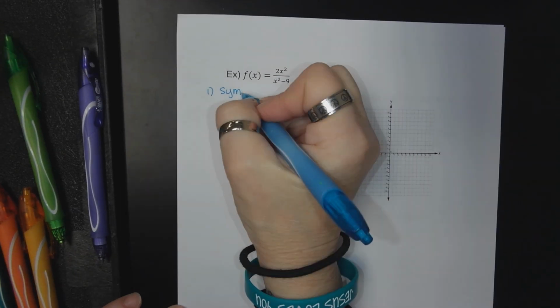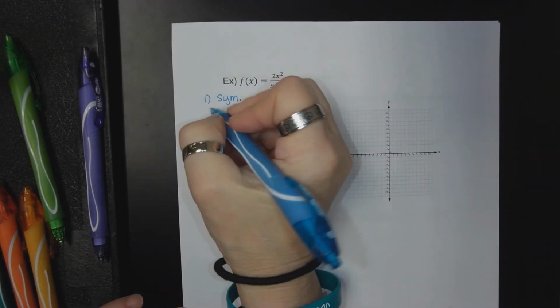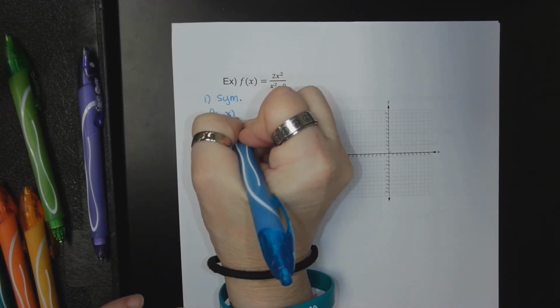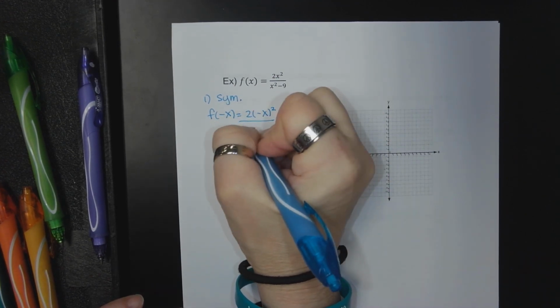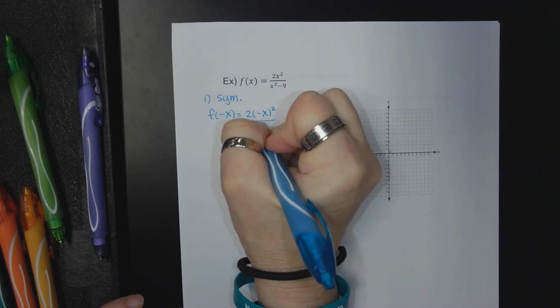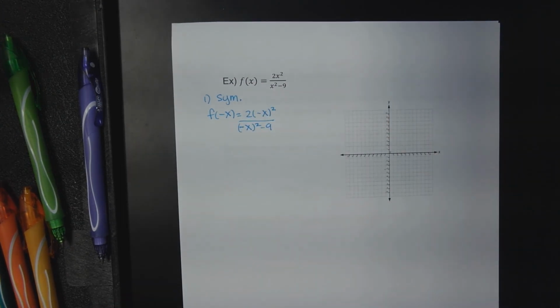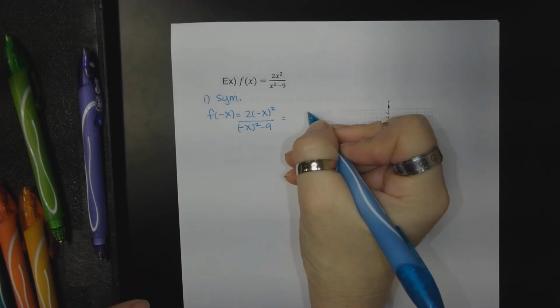Put SYM because, well, I've told you 1,000 times, I'm lazy. So 2 times -x squared over -x squared minus 9. If it's an even power, what does that do to the negative? It does eat it. You're right.